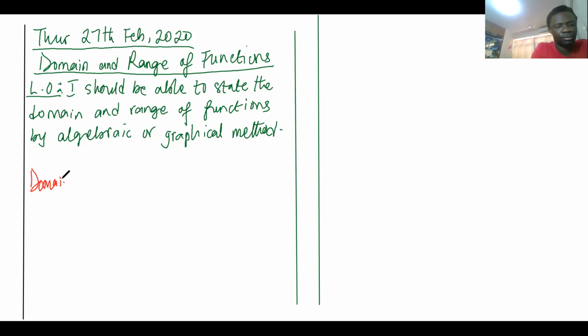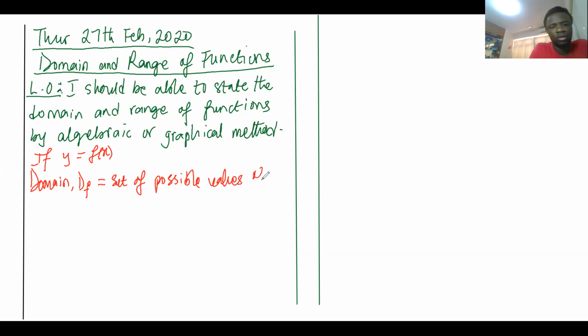Domain, Df, if the function is f, is the set of all possible values x that f of x can take.